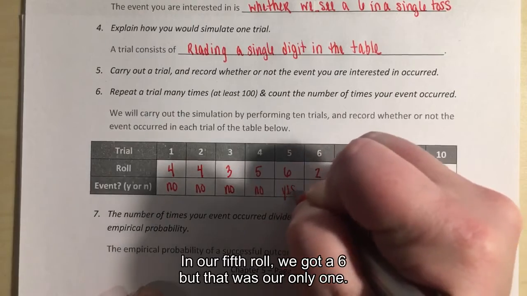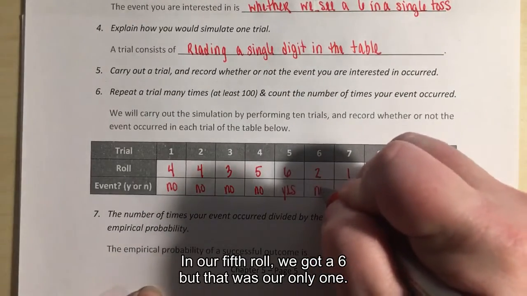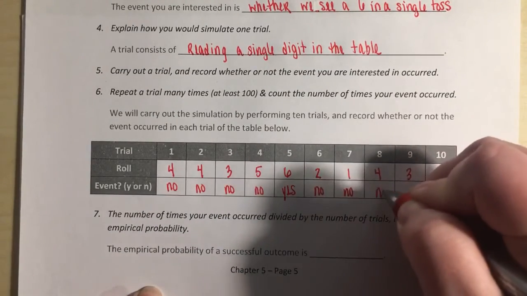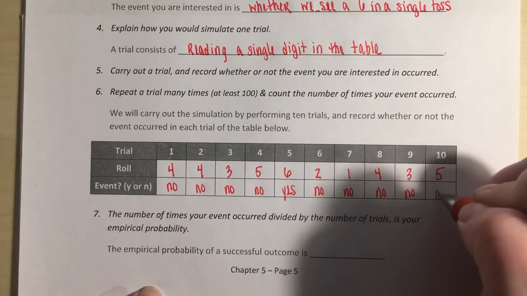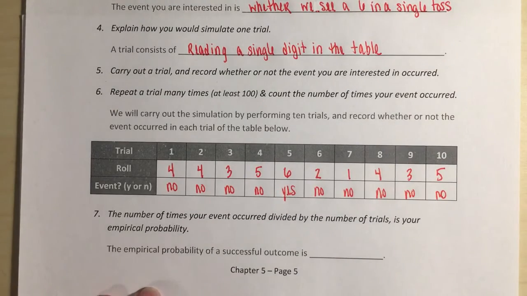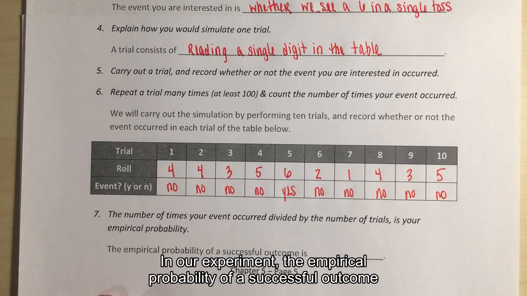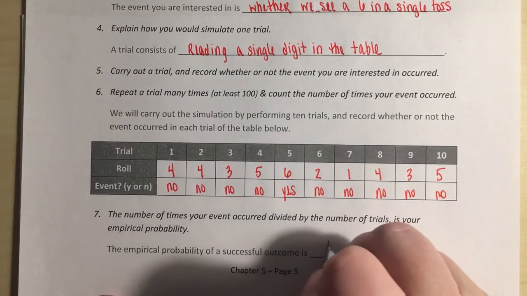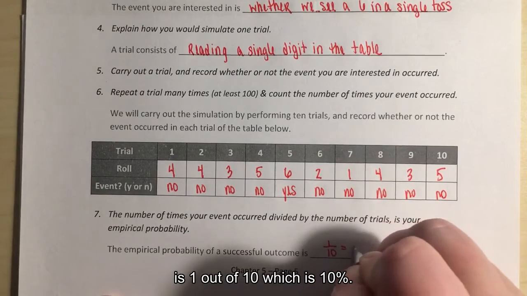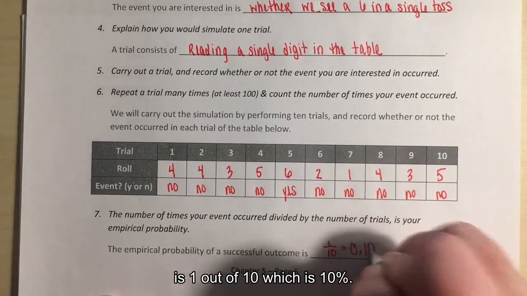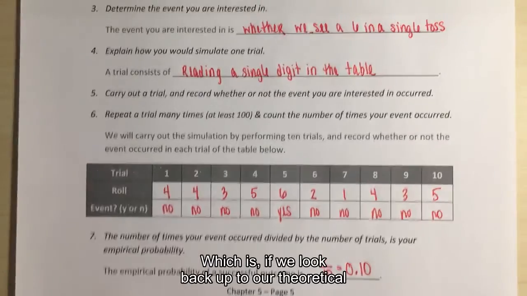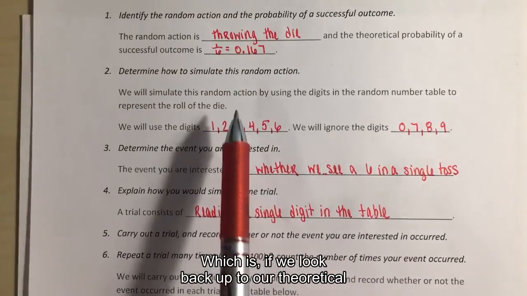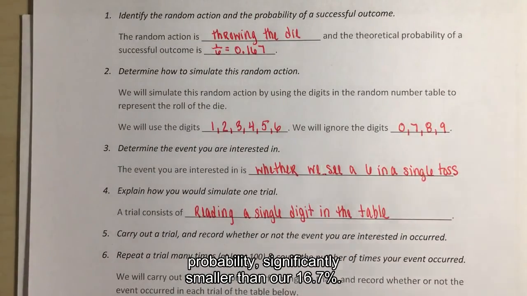In our 5th roll, we got a 6, but that was our only one. So in our experiment, the empirical probability of a successful outcome is 1 out of 10, which is 10%, which, if we look back up at our theoretical probability, is significantly smaller than our 16.7%.